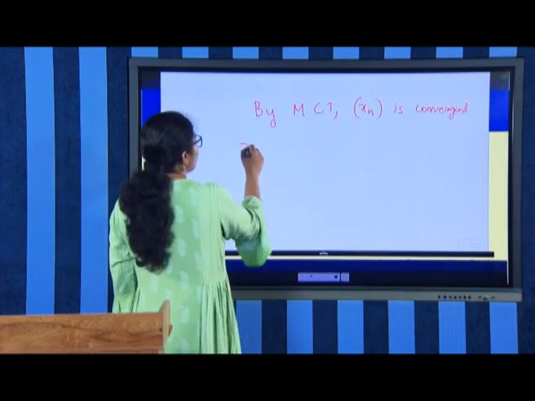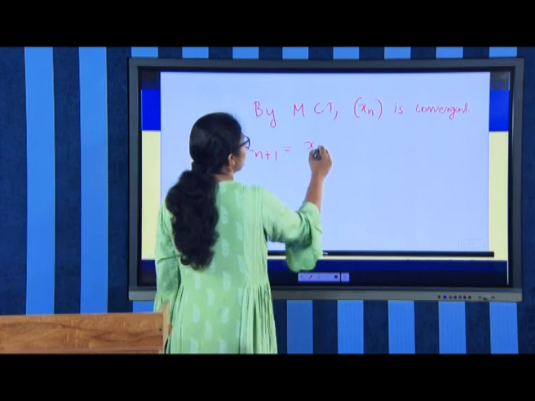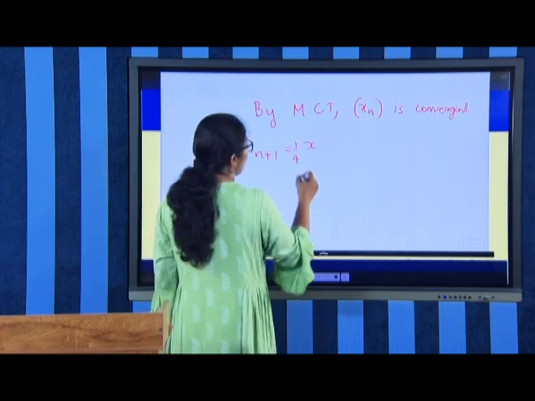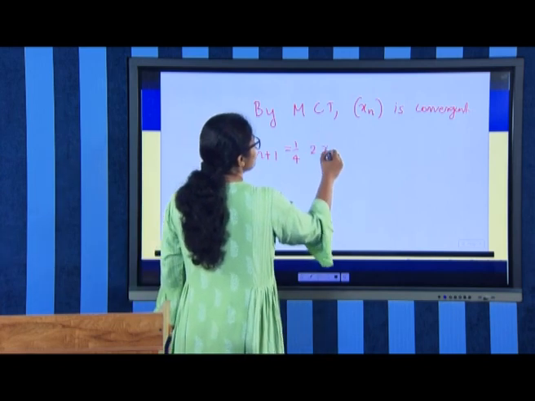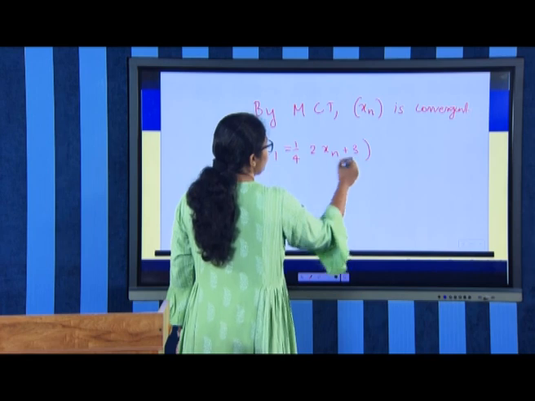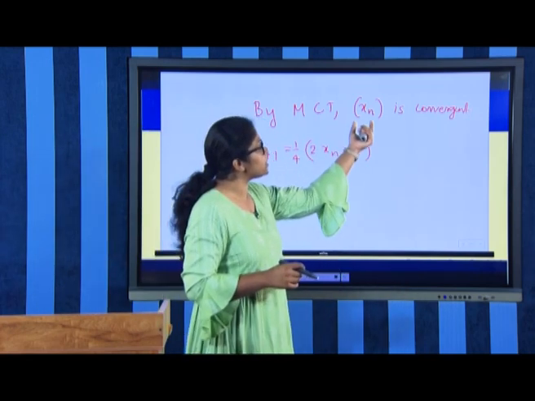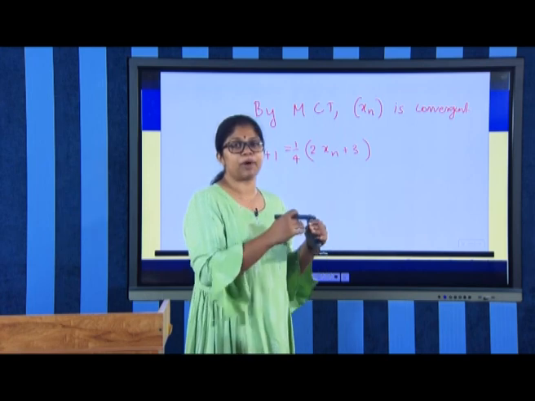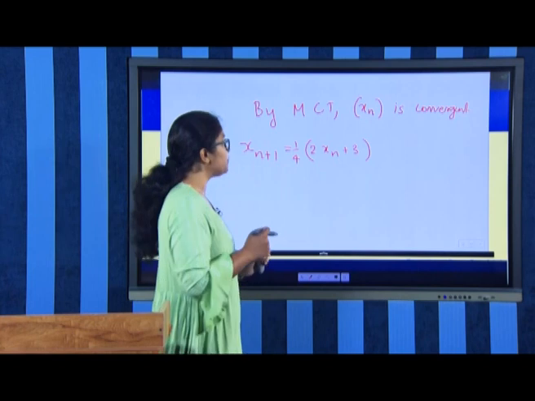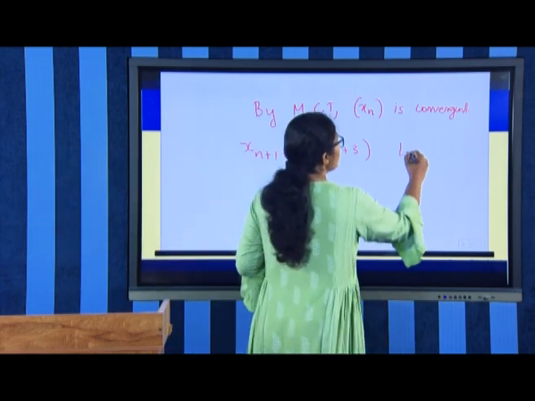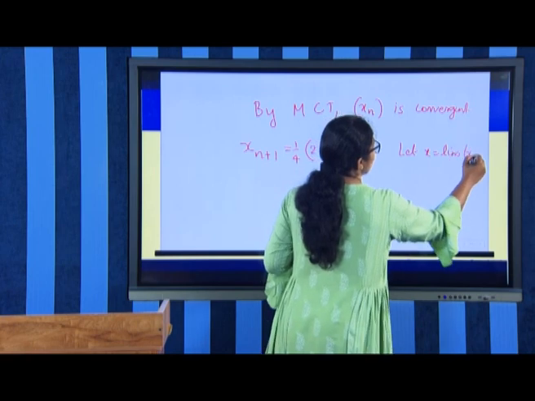And we were given an inductive or recursive definition, xn plus 1 equal to 1 by 4 into 2xn plus 3, and now we have proved that the sequence xn is monotonic increasing and bounded, so it is convergent, and let x be the limit of this sequence xn.